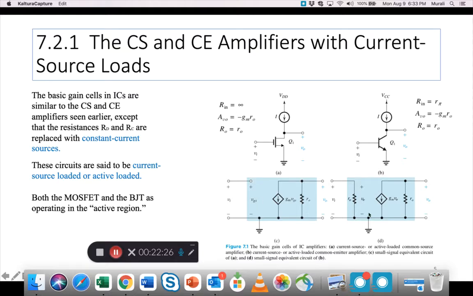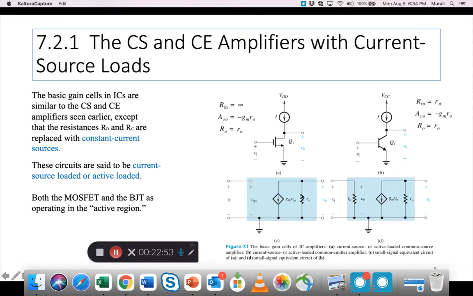So that is the model of the gain cell, the current source loaded gain cell, and the amplifier parameters that we have talked about in the past, Rin, Ro, and A open circuit voltage gain. These are also shown here.